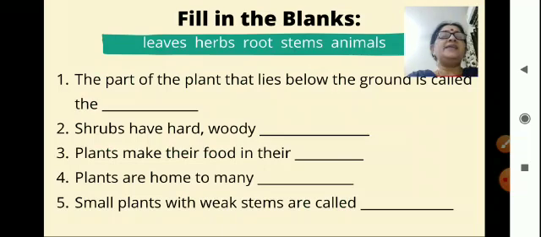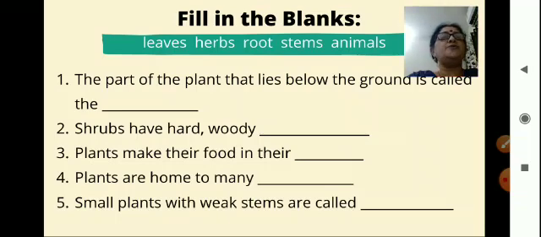Now, let us revise the lesson by doing some exercises. First is fill in the blanks. Answers are leaves, herbs, root, stems, animals. Let us see one by one. I am going to read question number 1.